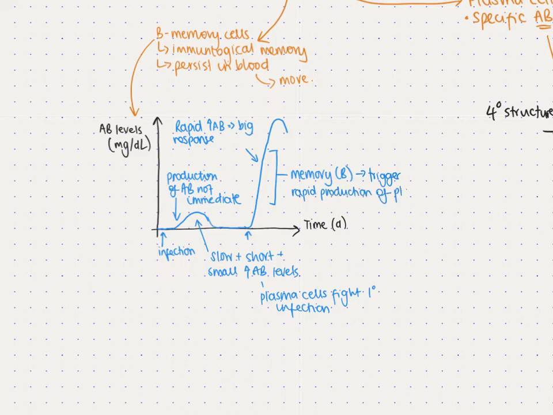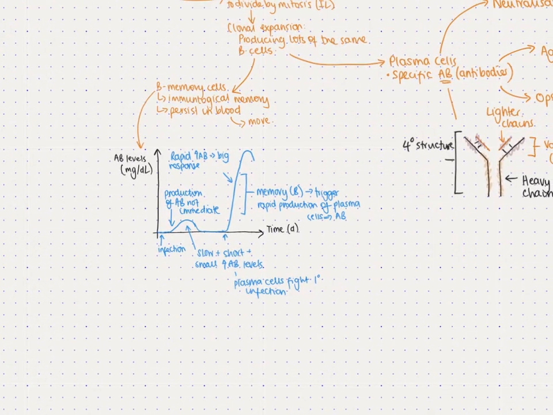So we don't have to worry about the non-specific immune response and all of that beforehand. We're just going to get those B memory cells to make some plasma cells, and we're going to produce those antibodies. And because we've got lots of those B memory cells, they're going to be able to do that really quickly, and the infection is fought at a much quicker rate. So it's a shorter duration of response as well.